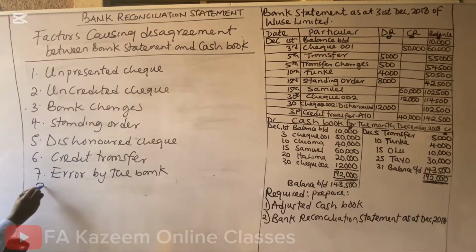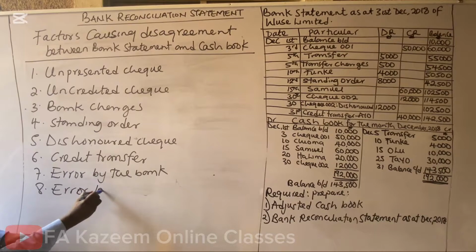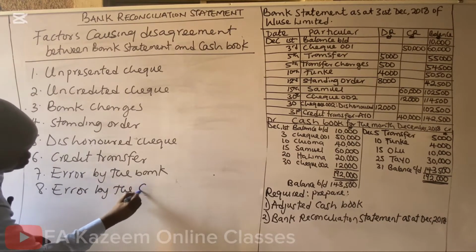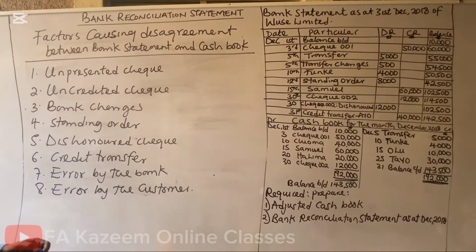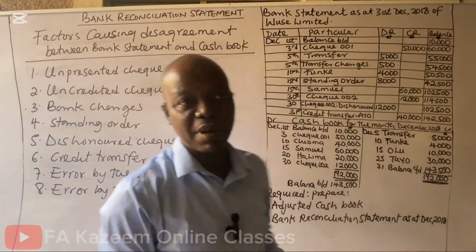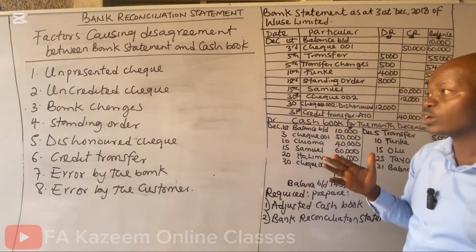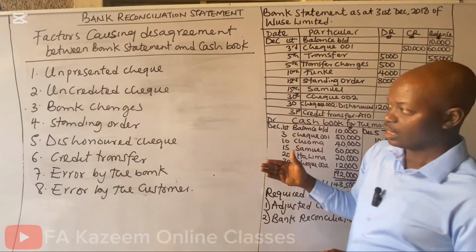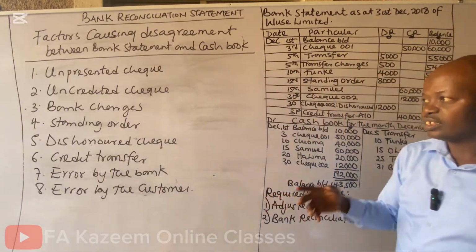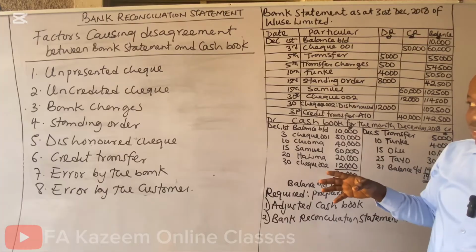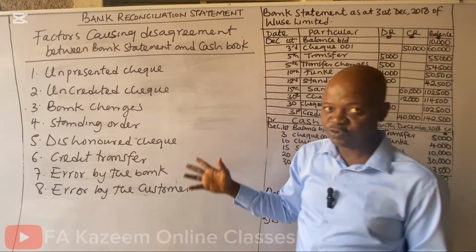And eight, error by the customer itself. Any of these factors can create disagreement between the bank statement and the cash book. We are going to look at it one by one.